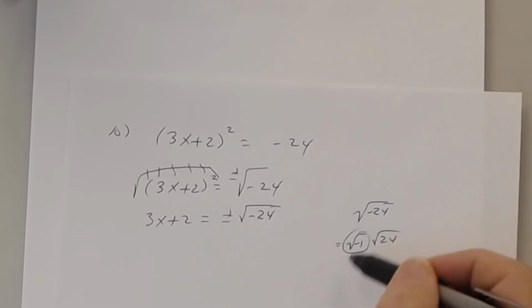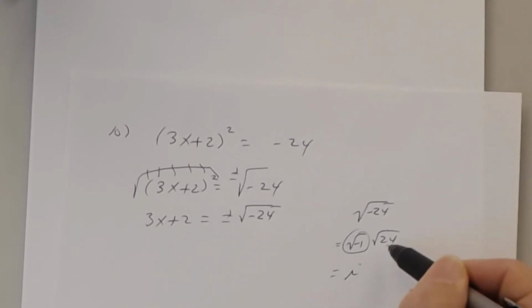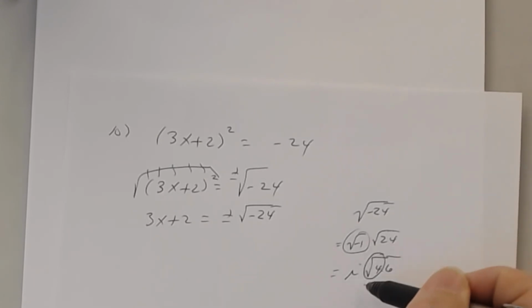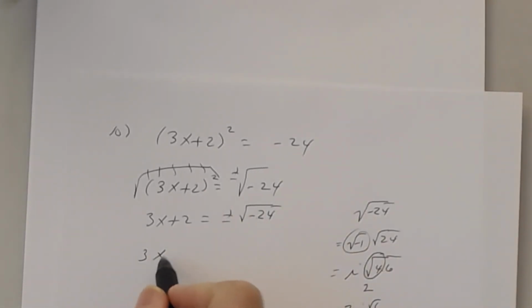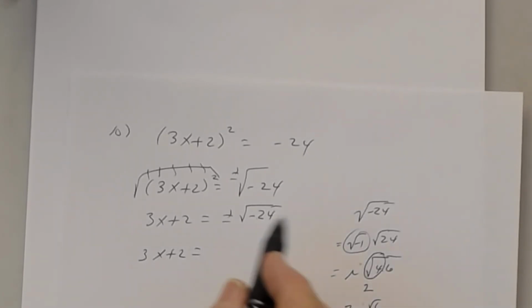And the square root of negative 1 we know is what? i. All right, what perfect square goes into 24? It'll be 4, square root of 4 times 6. And what's the square root of 4? 2. But what's a better way to write i times 2 square root of 6? 2i square root of 6. So this becomes 3x plus 2 equals 2i square root of 6.